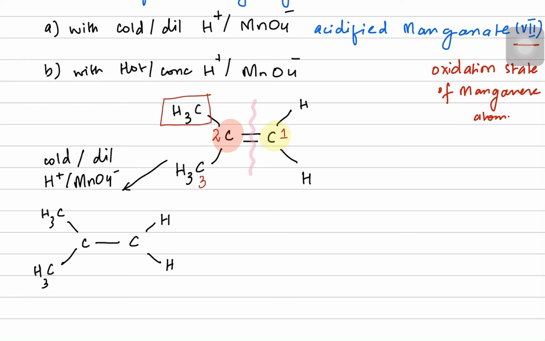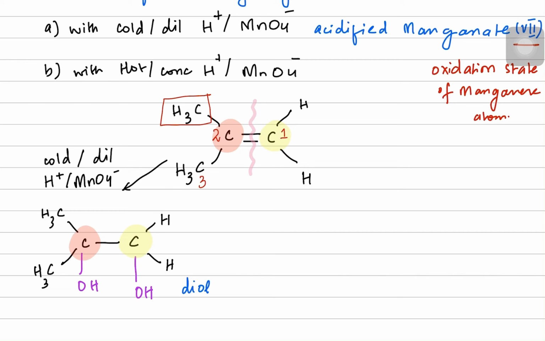You just add two hydroxyl groups on the double bonded carbon atoms. The red carbon receives one hydroxyl group, the yellow carbon receives another hydroxyl group. We call such a compound a diol. We call it diol because it has two alcoholic hydroxyl groups.